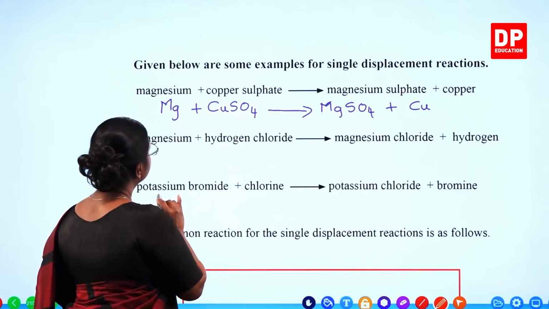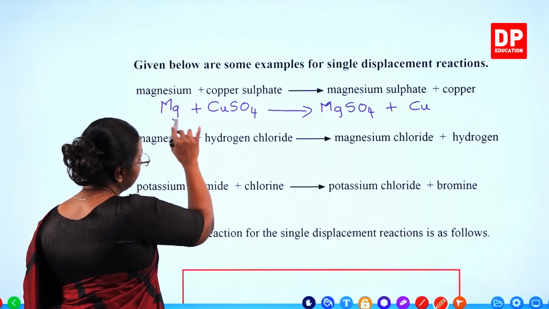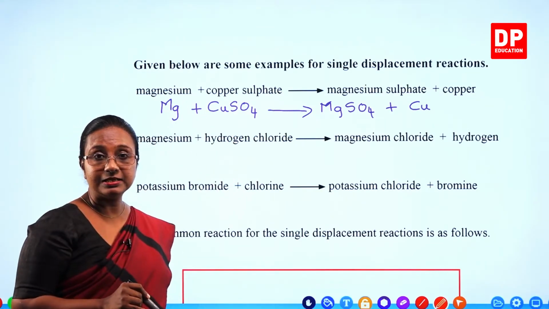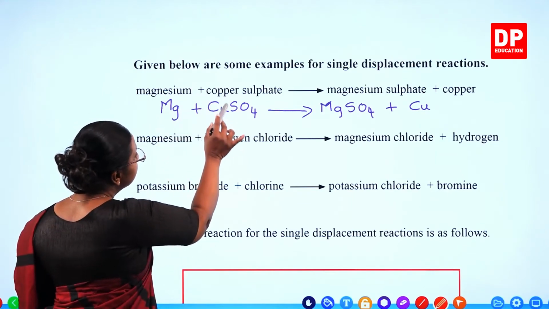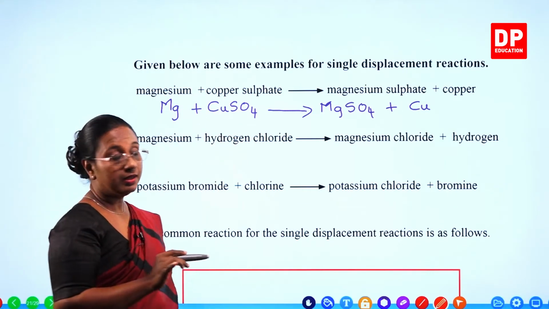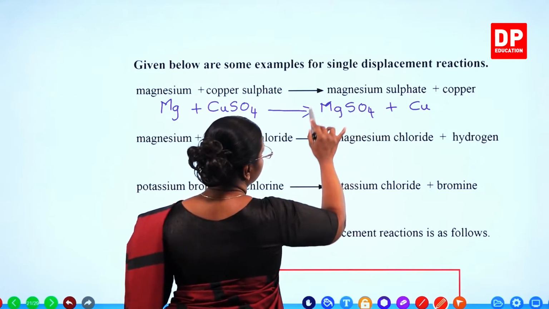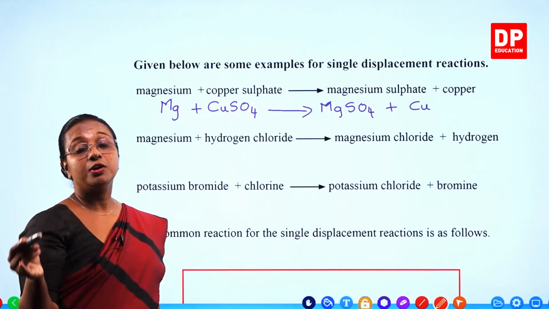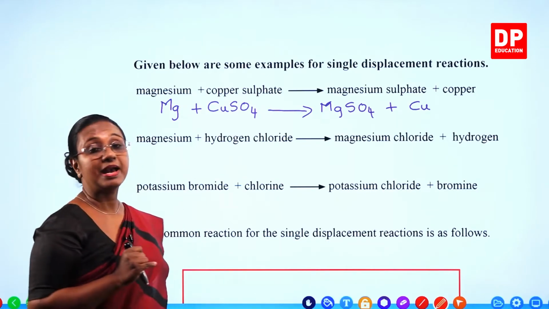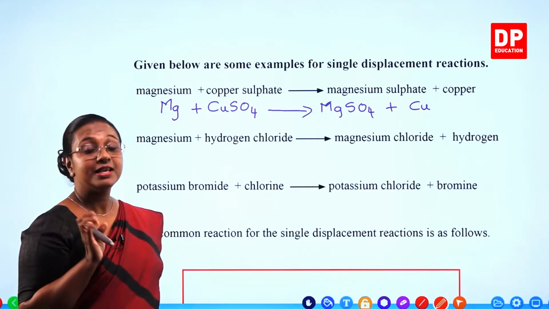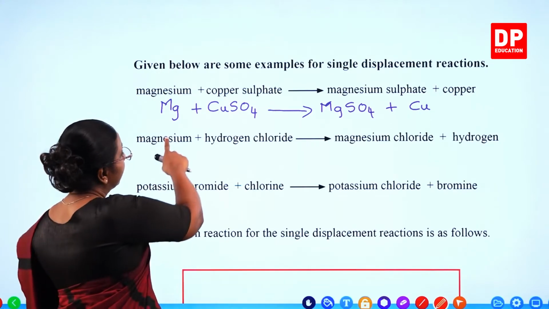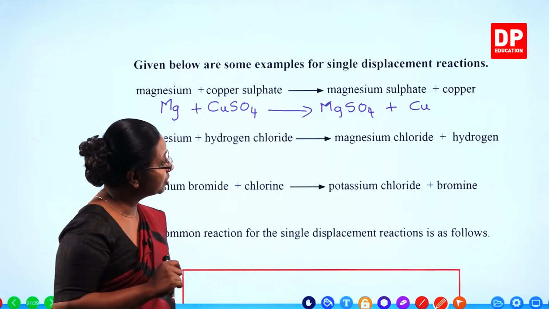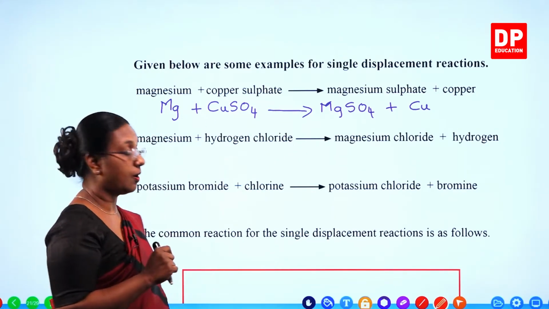So here you can see, students, magnesium is an element, copper sulfate is the compound. Magnesium displaces copper and forms a new compound by occupying the place of copper. That is why we get magnesium sulfate. Is that clear to you? So magnesium and copper sulfate giving rise to magnesium sulfate and copper.